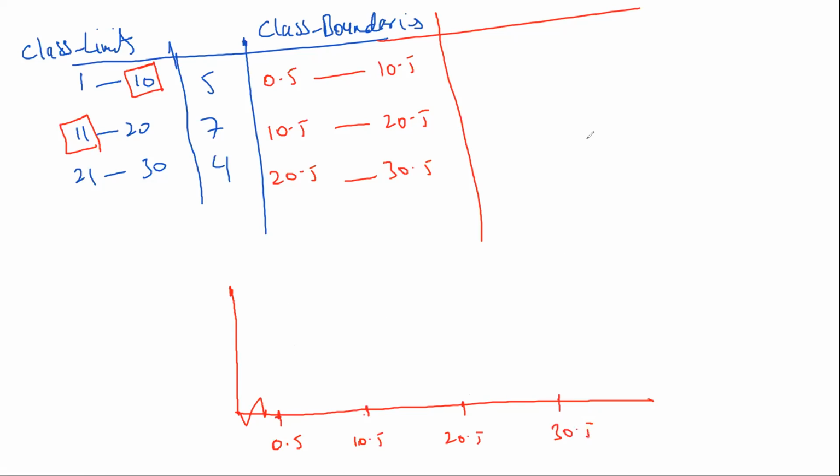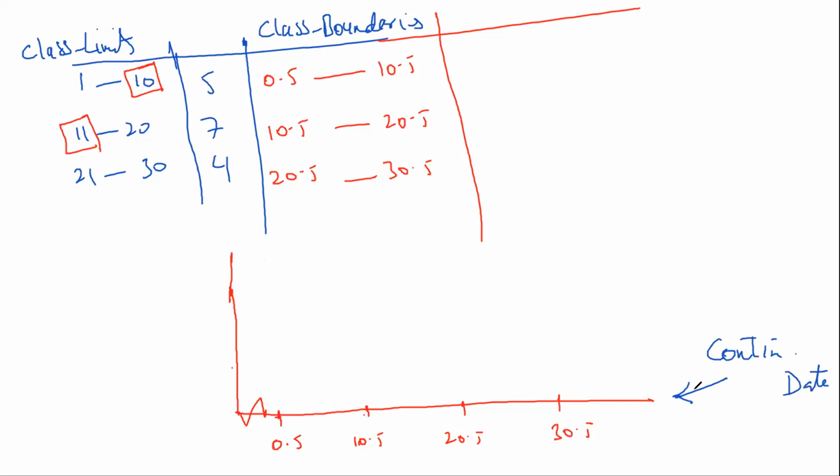Now we have started talking about how to draw this histogram. Please listen carefully and note it down: a histogram is basically a two-dimensional diagram. It has a horizontal axis and a vertical axis. You must be very clear that your horizontal axis can have only continuous data.